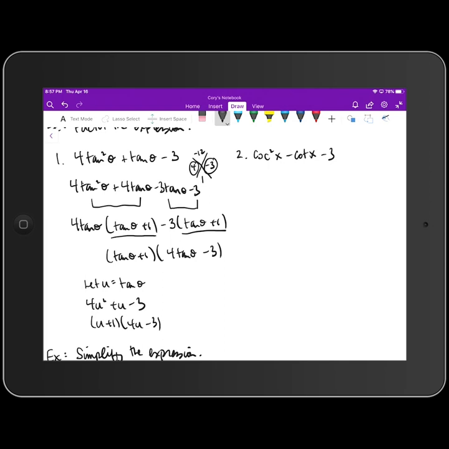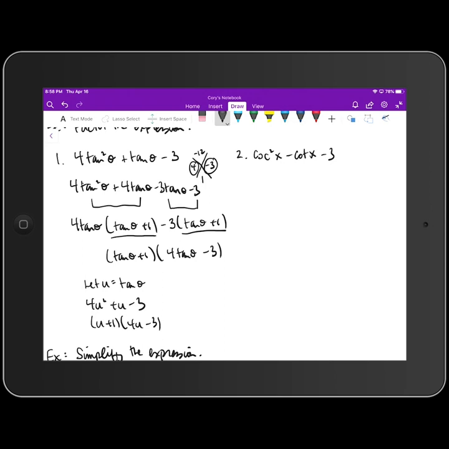Those two trig functions don't match, so I'm not able to factor that expression the way that it's written right now. The only way for me to be able to factor this expression is to get it written in terms of a single trig function, which means I either have to get the entire expression written in terms of cosecant or the entire expression written in terms of cotangent.